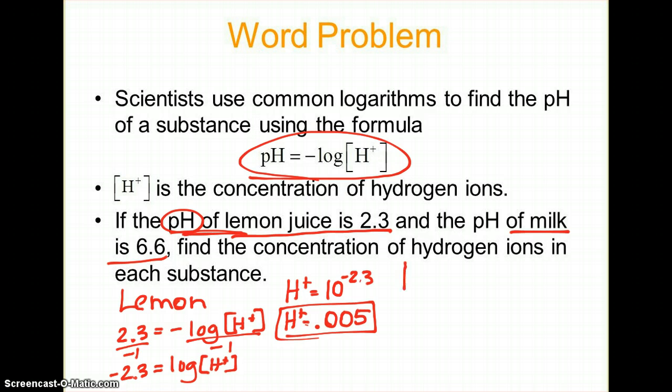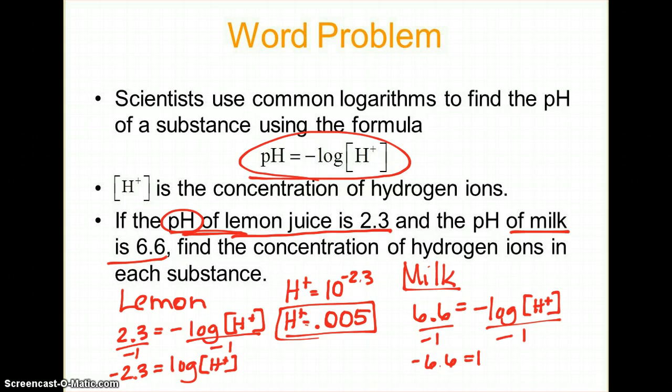Okay, so let's do the milk. The milk has a pH of 6.6. Same process here, just a different number to start with. Negative log of H. Get rid of the negative on the logarithm so that I can use my exponent properly. And then rewrite this exponentially.